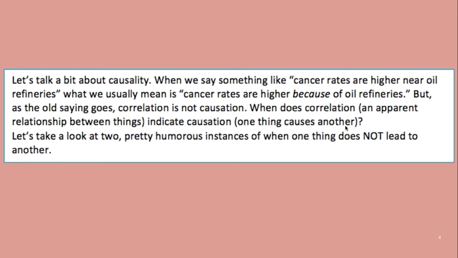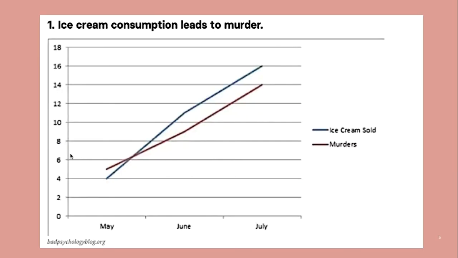One thing causes another. Let's take a look at a pretty humorous instance of when one thing does not lead to another. We'll look at just one graph. Here we see on the vertical axis the number of portions of ice cream sold. On the horizontal axis, we see the number of murders, across the months of the year, May, June, July.